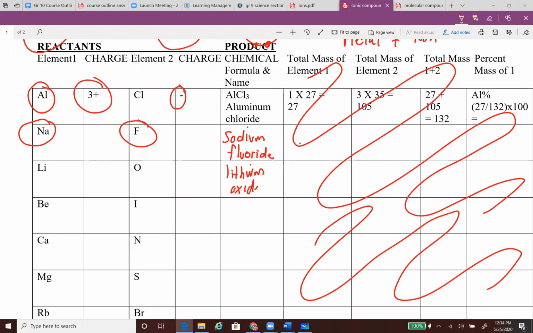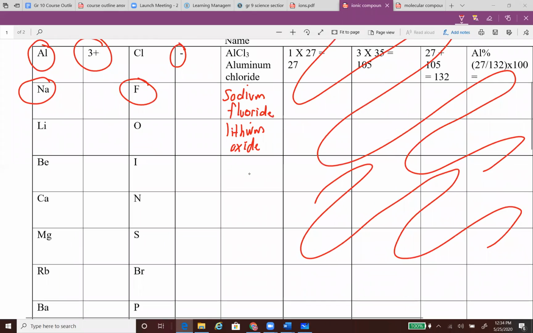So what we're doing is just putting together what we did in the previous sheet. If beryllium and iodine want to get together, beryllium wants to lose electrons. It is element number 4, so it wants to lose 2 electrons, and iodine wants to pick up 1 electron. So that would be called beryllium iodide.